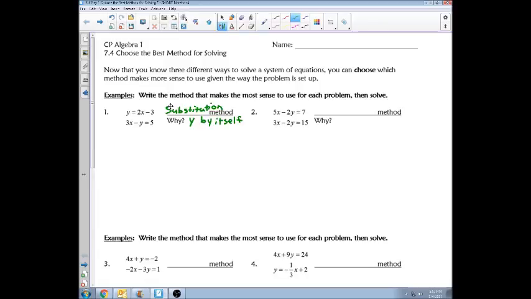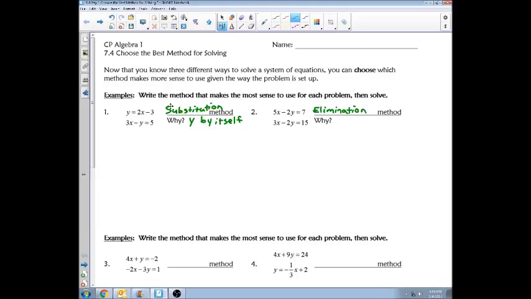Problem number 2, I have 5x minus 2y equals 7 and 3x minus 2y equals 15. In this case, I am just going to give you guys a heads up. On a worksheet like this, I'm never going to graph it. Okay, it's either going to be substitution or elimination. Okay, since I do not have x or y by itself, and it does not look to be very easy to get x or y by itself, I'm going to go ahead and use elimination for this problem.